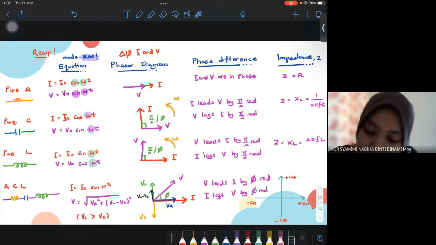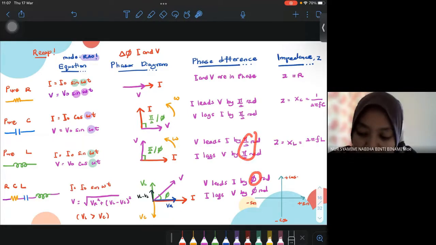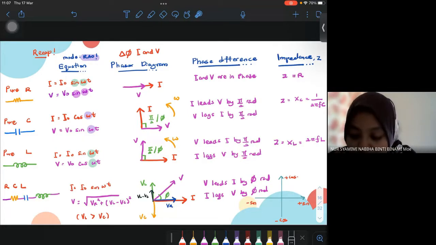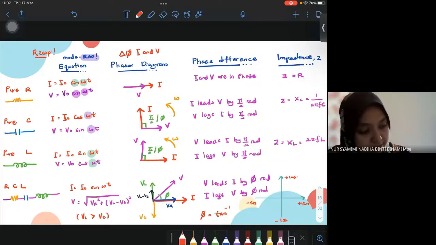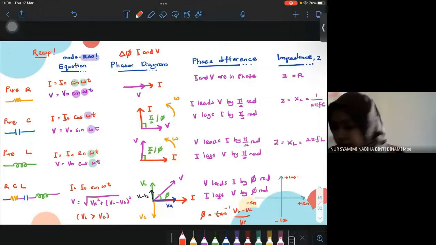So dia bukan lagi pi over 2, dia ialah phi dan phi ni ada nilai. So nilai phi boleh kita cari by using the formula phi is equals to shift tangent of VL minus VC over VR.